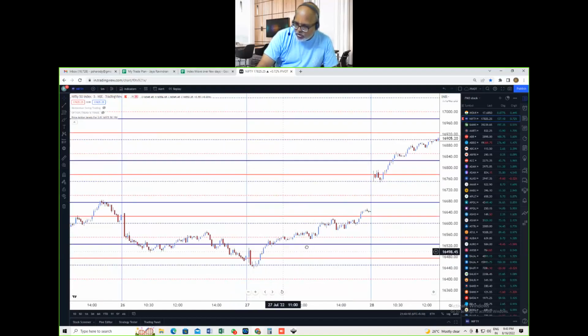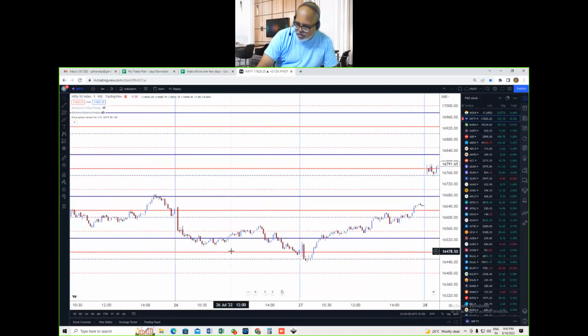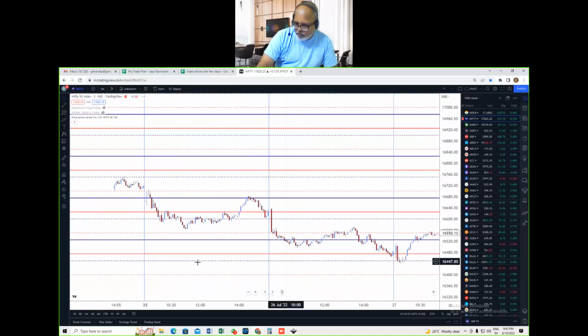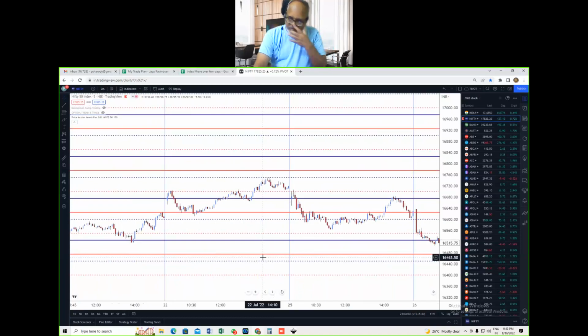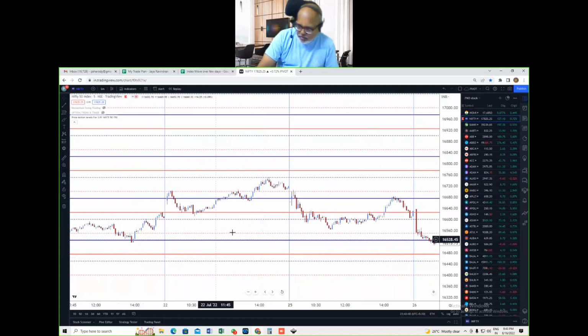So you can use your own logic to initiate a trade in this section. Here you would not have got any trade because the market went down and then it bounced back. Here you would have got a trade, but it would have ended up in stop loss. So over a period of time, if you track all the trades, you will come to know that it is giving you a decent profit in all the segments.